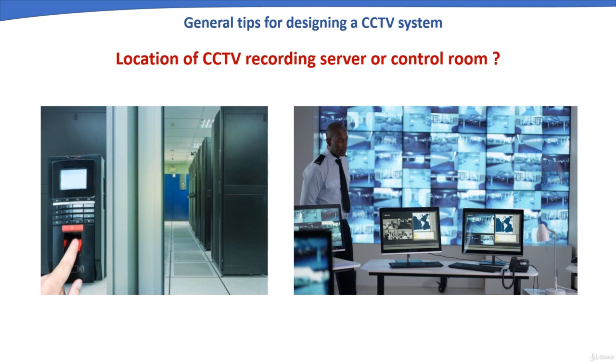Distance between CCTV monitors on the wall and the operator's desk should be at least 8 feet and the viewing angle should be 30 degrees. The control room CCTV operator should have all the locations' blueprint layout, and if possible CCTV cameras should be programmed on this map layout. This will help an operator to navigate the CCTV cameras.